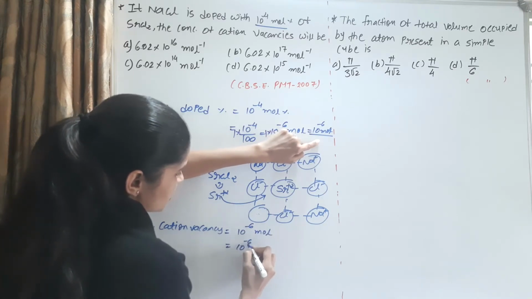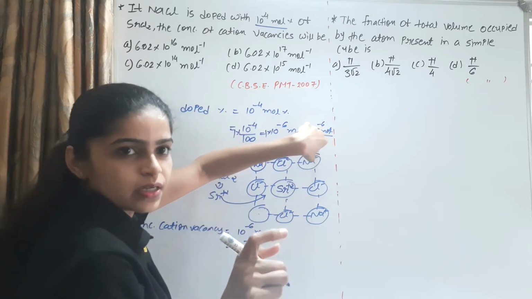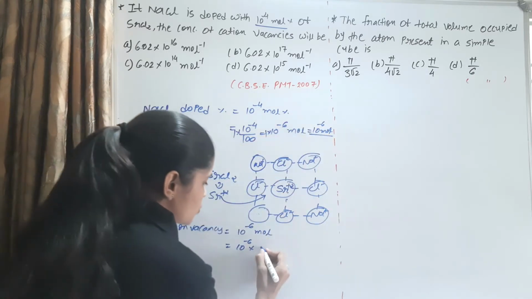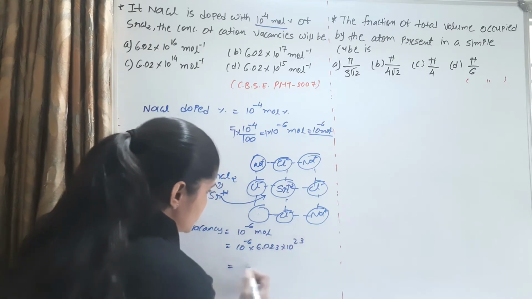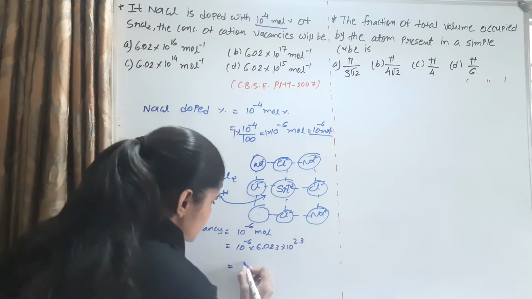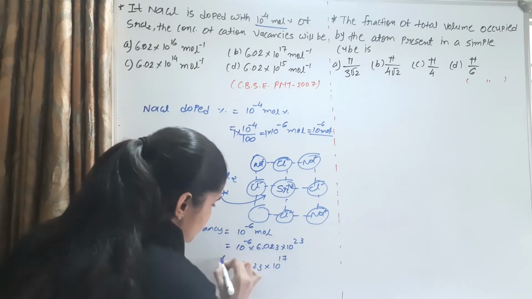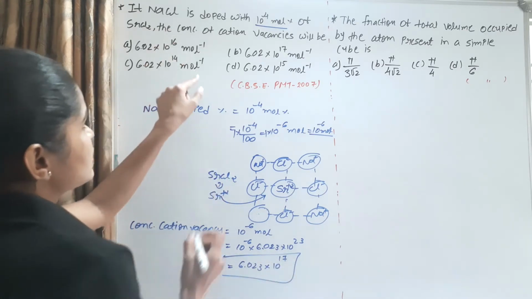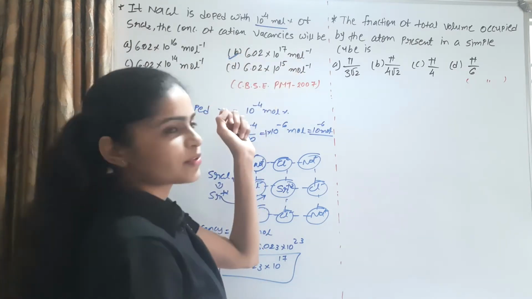So 10 raised to minus 6 multiplied with Avogadro number 6.023 into 10 raised to 23. 23 minus 6 is 17. So the answer in this question is 6.02 into 10 raised to 17 per mole.